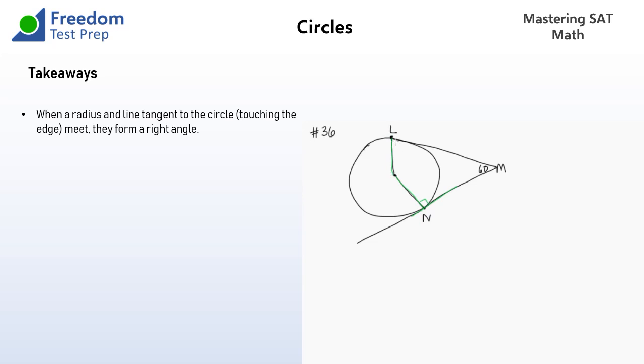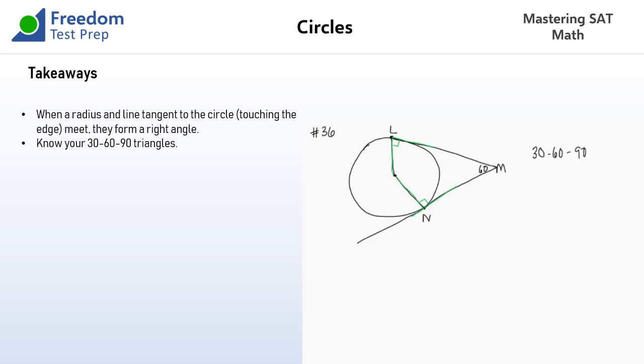You have a radius and a tangent and you form a 90-degree angle. So check it out. You've got a 90-degree angle. You've got 60 over here. What you should be thinking is, hey, that sounds like a 30-60-90 triangle potential. And you would be right. That's exactly what you should be thinking.